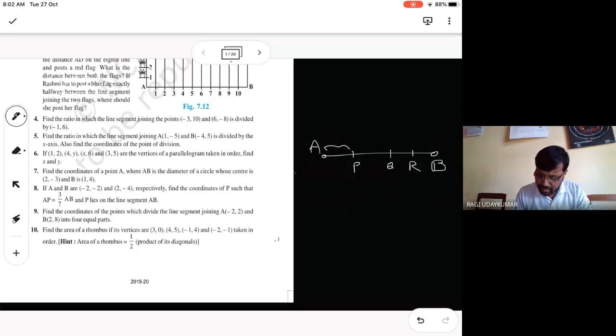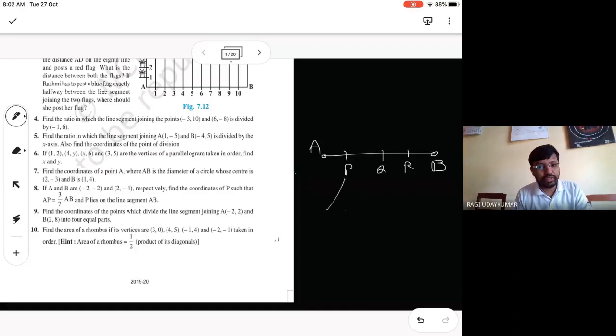There are 4 equal parts, so P, Q, R: 3 points will divide it.